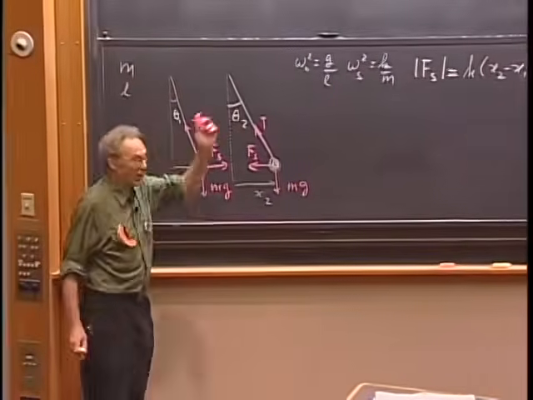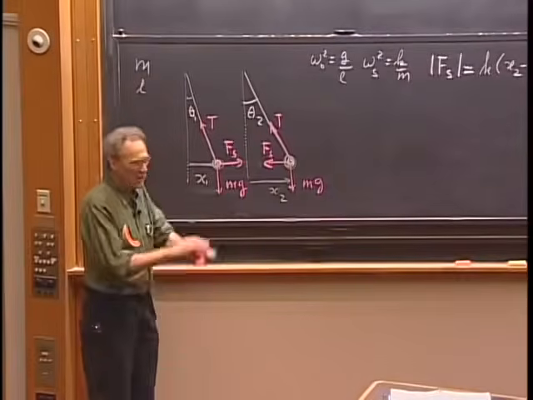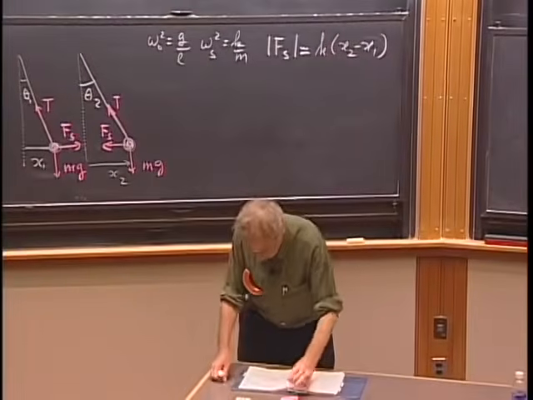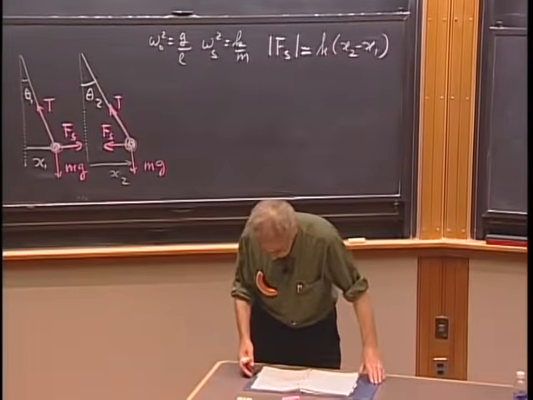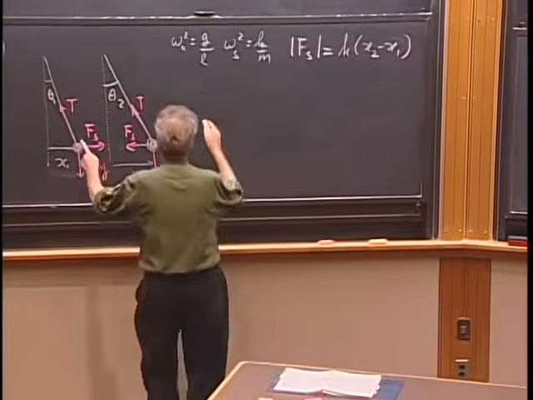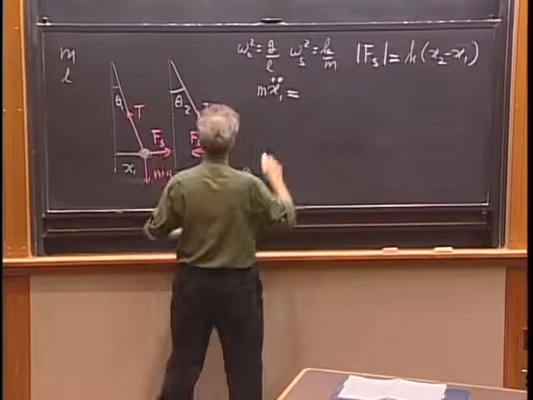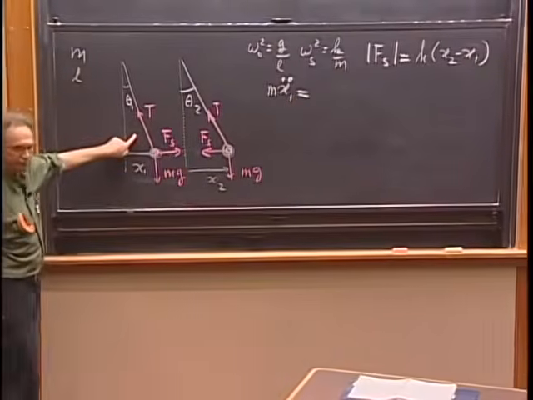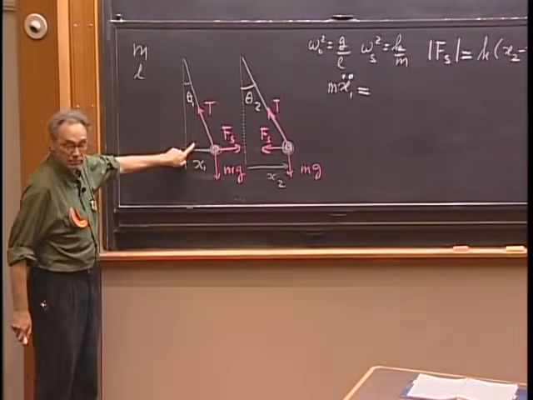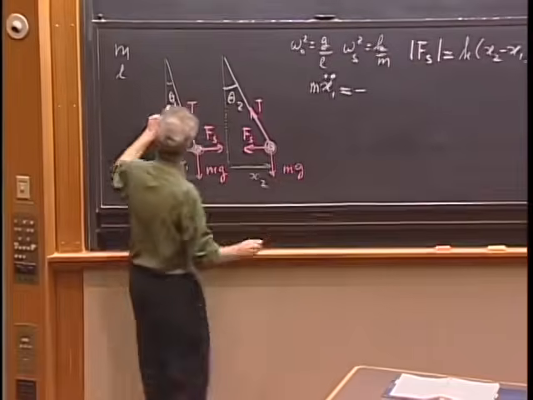in my head, I can just think of x2 being larger than x1, set up the differential equations, and I no longer have to worry about the fact that maybe x2 at certain moments in time is not larger than x1. So now I set up the differential equation m x1 double dot. So that's this one. Let's first do the pendulum. That is minus T times the sine of theta 1.